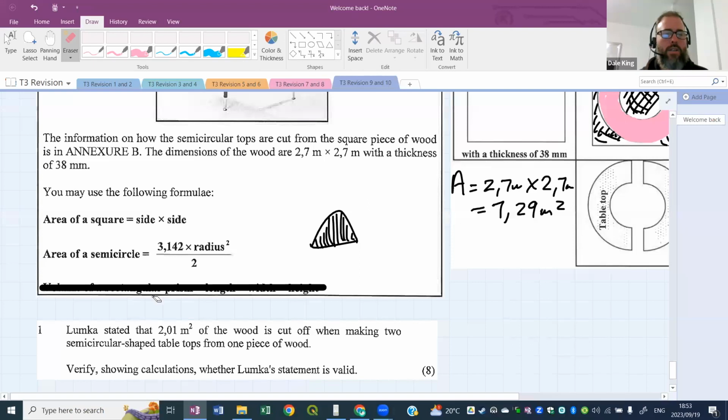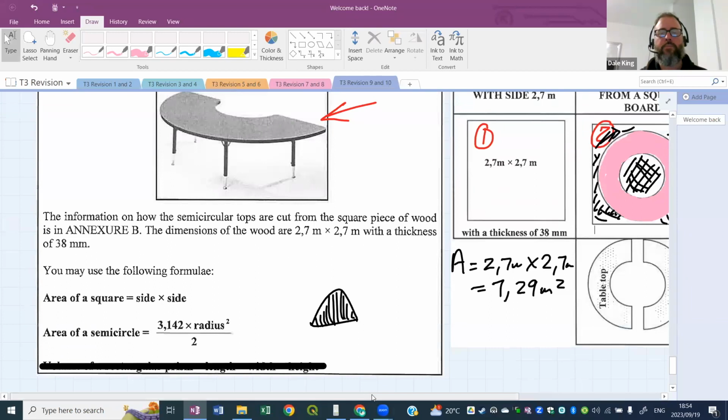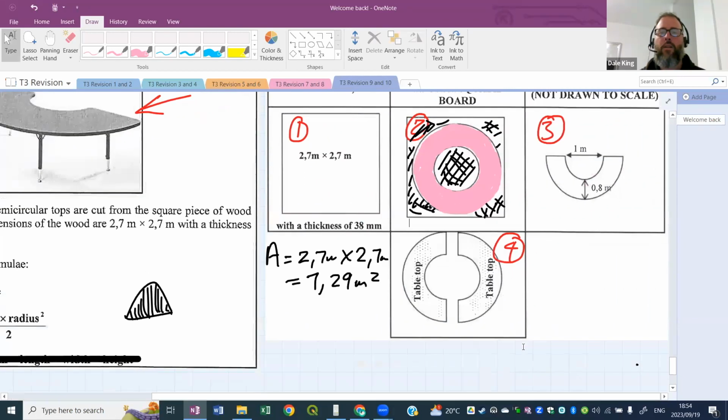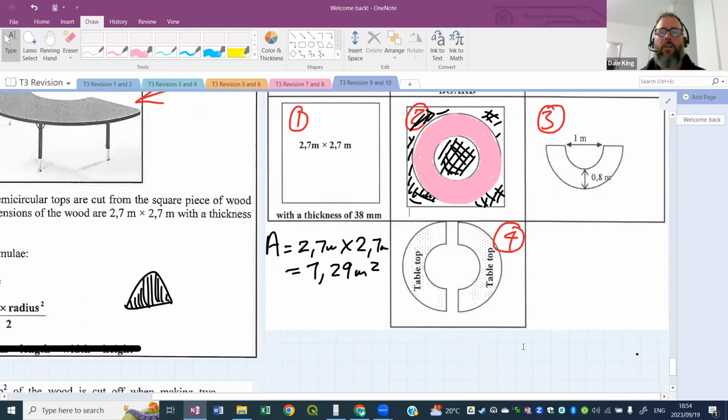I think he stated that 2,01 of the wood is cut off when making these things. So I think that's what's left behind, eh? Yeah, it's a circle. So I think you have to work out the area of a semicircle, and first we'll work out the area of the semicircle.